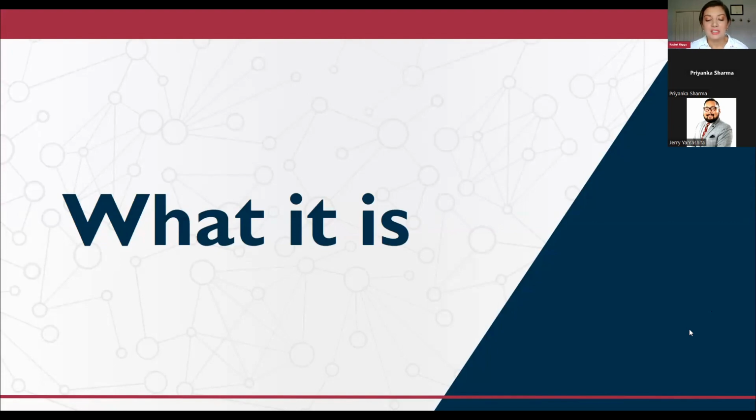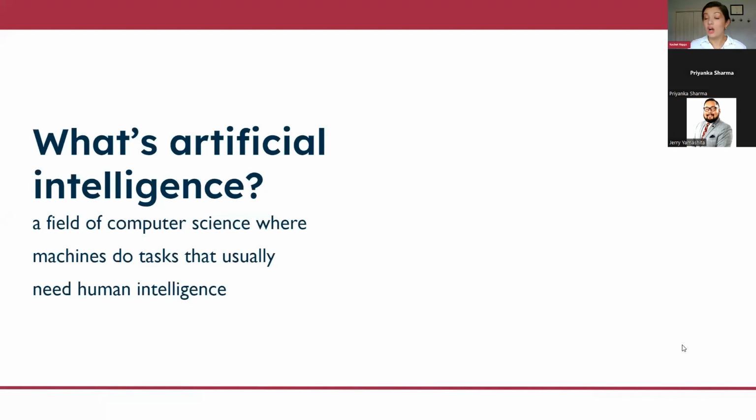Generative artificial intelligence. And the natural place to start is, what is artificial intelligence? Artificial intelligence is a field of computer science where machines do tasks that would normally require what we consider human-like intelligence.